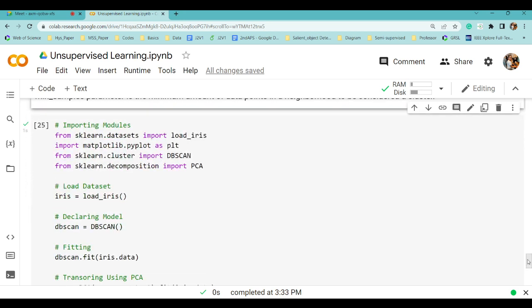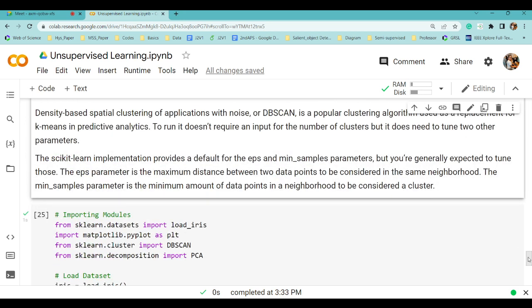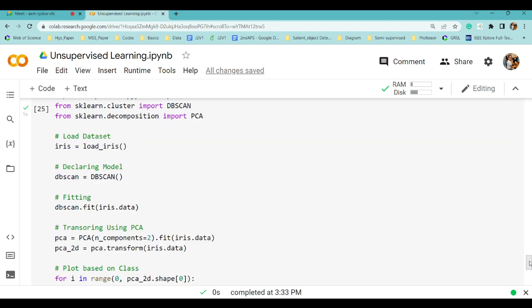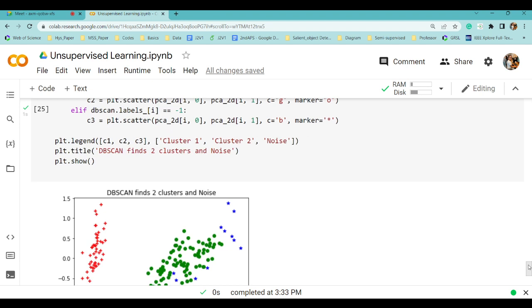Again, I have imported DBSCAN, and over there I need to use PCA. It's not required for this data set, but for a much larger data set there's a real need for PCA. Then I load my data set, declare my model and fit it. Now I'm transforming with PCA, taking two components, and then doing the clustering.